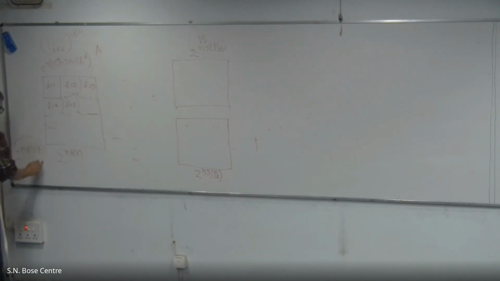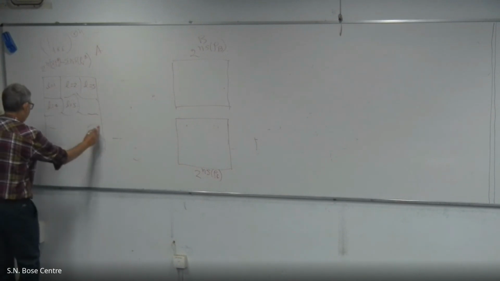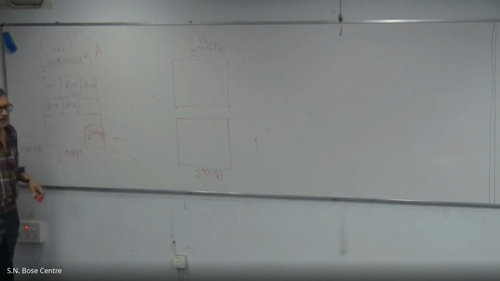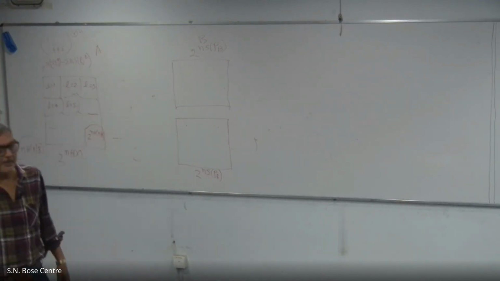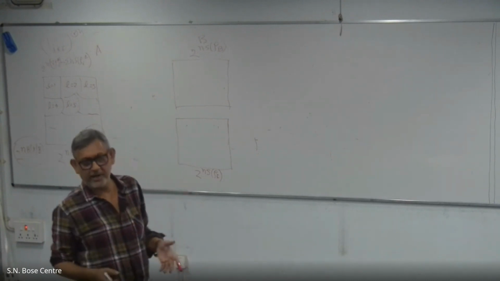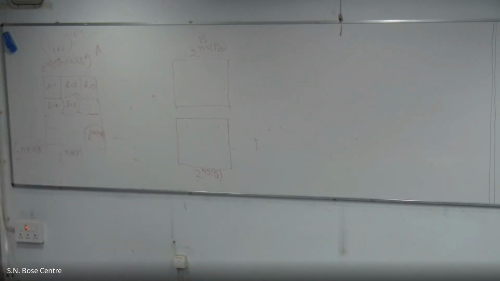This is the last. So how many bits will be required to give this information about where Alice has actually collapsed? How much information will you give?